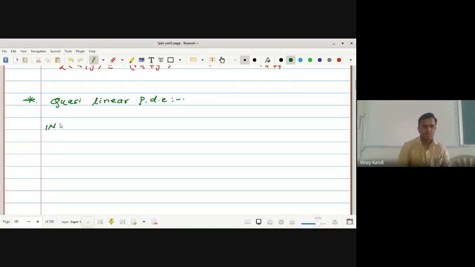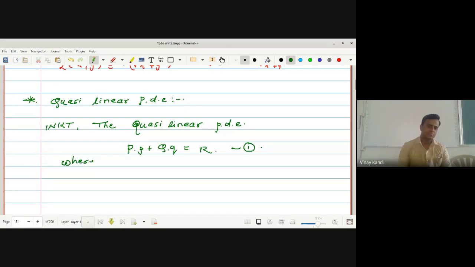We know that the Cauchy linear partial differential equation is given by capital P into small p plus capital Q into small q is equal to R. Give it as equation number 1, where capital P, capital Q and capital R are functions of x, y, z.